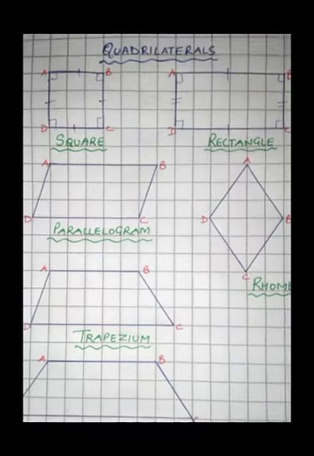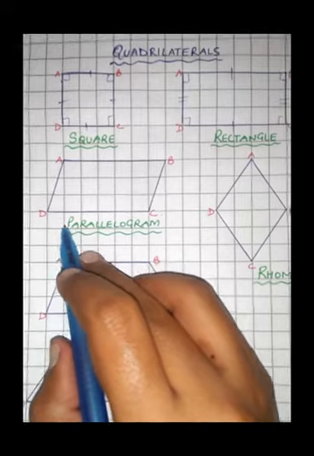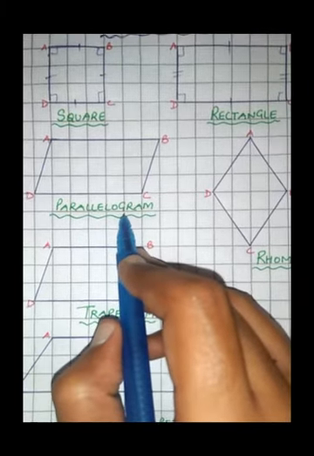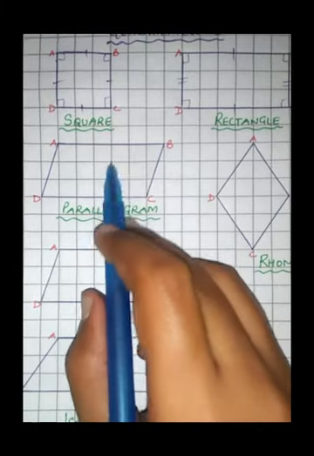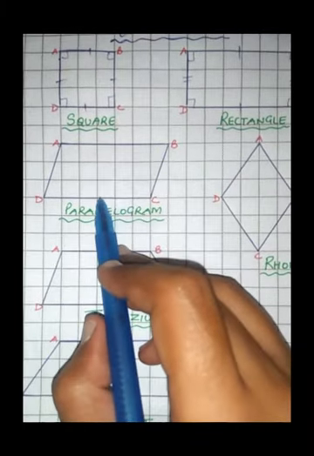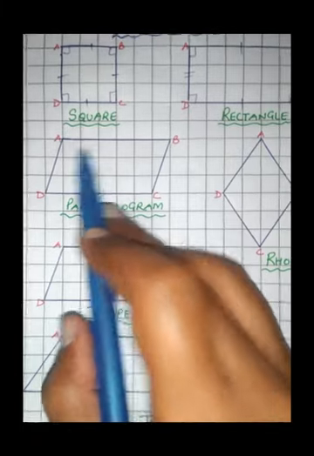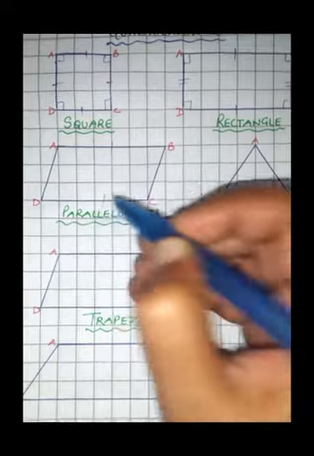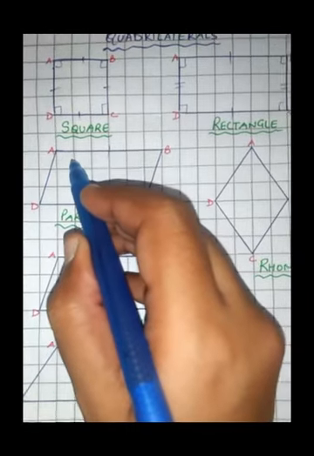Okay. Now coming on to the next quadrilateral, that is known as a parallelogram. A parallelogram, as you can observe, again has opposite sides equal. Not all sides are same. So just like a rectangle, a parallelogram has opposite sides equal.